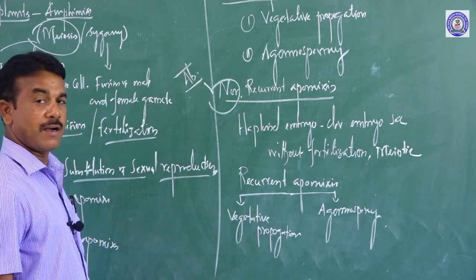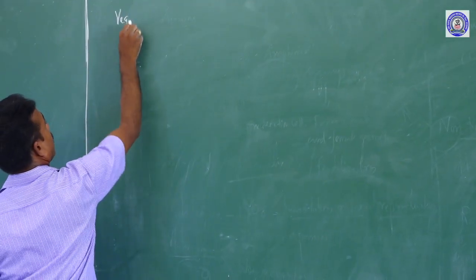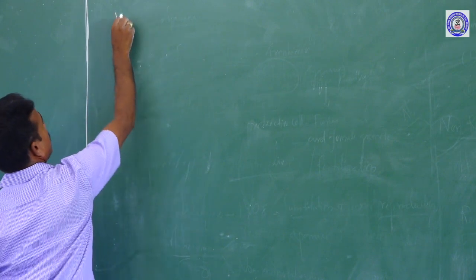The first one is commonly called vegetative propagation.